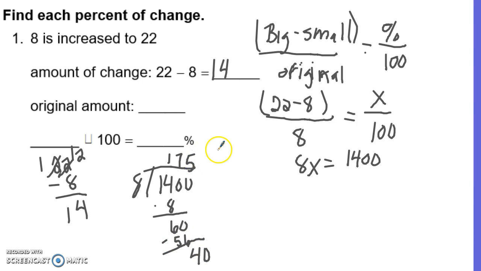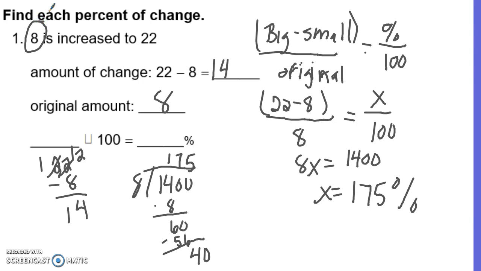And I go in there 5 times. So I have 175%. If you want to fill in this, you can say the original amount is 8. And then this part you don't have to do, but you can say equals 175%.